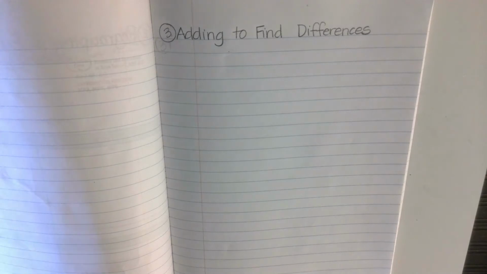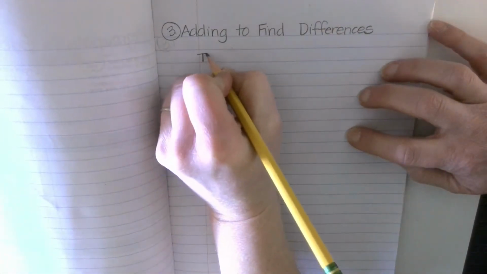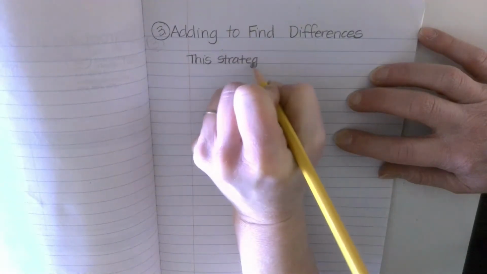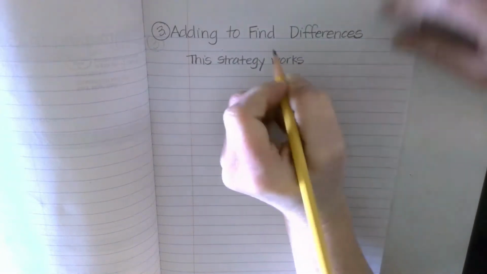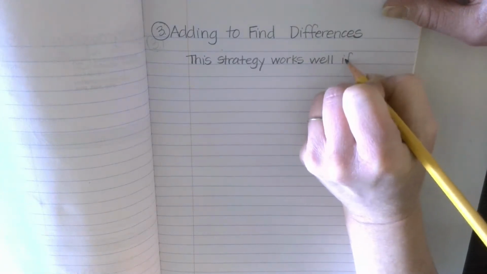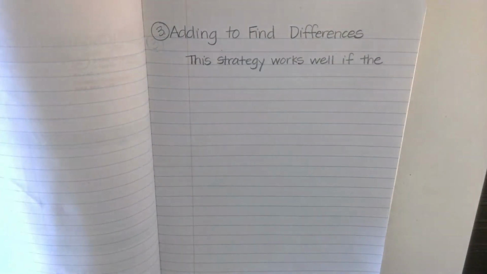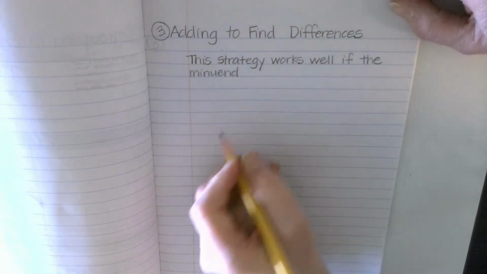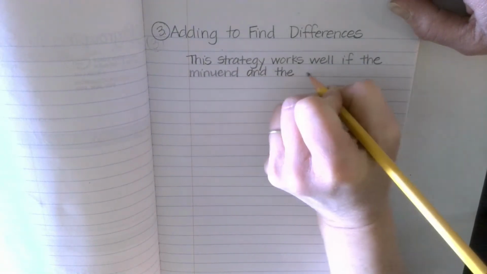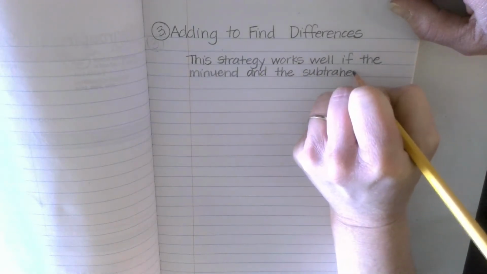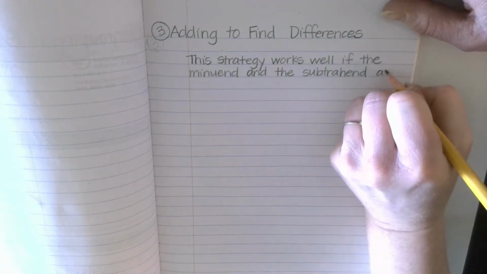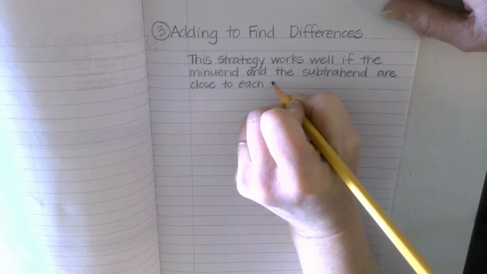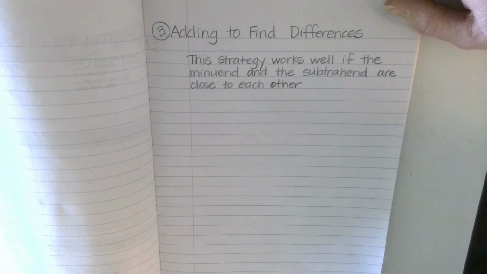So let's write that down. I skipped a line. This strategy works well if the minuend and the subtrahend are close to each other, period.